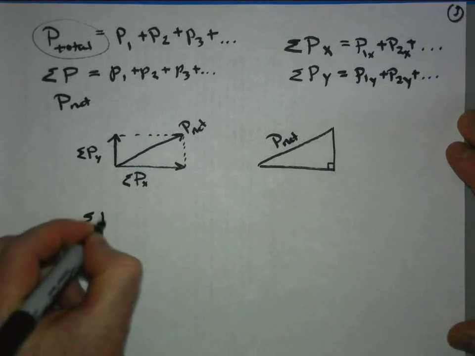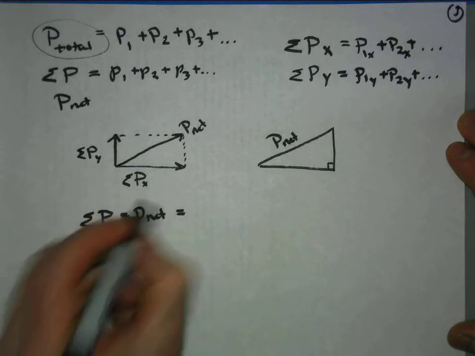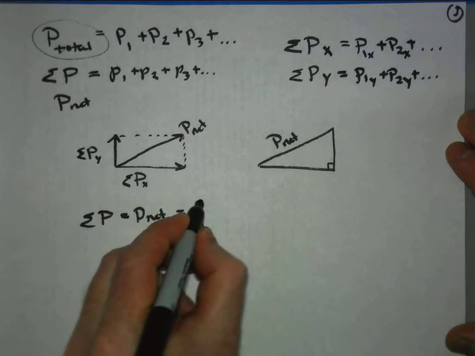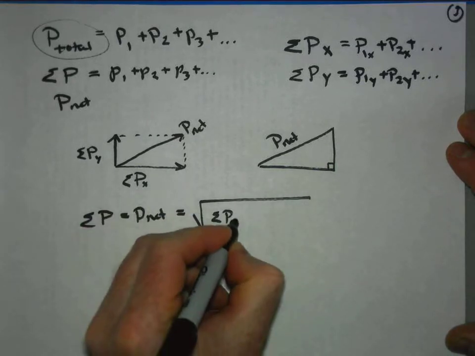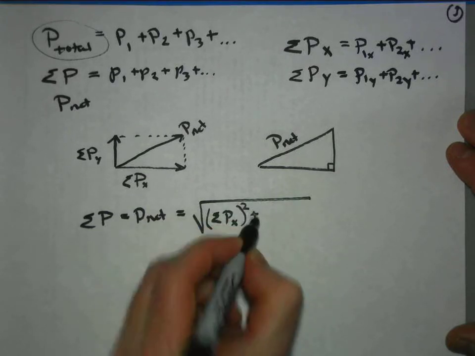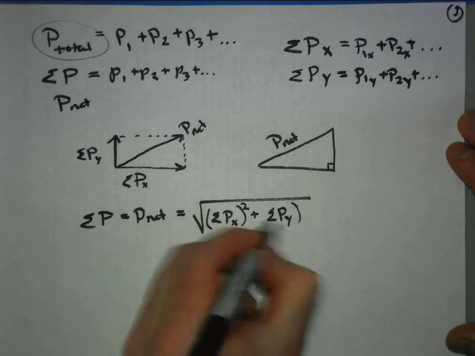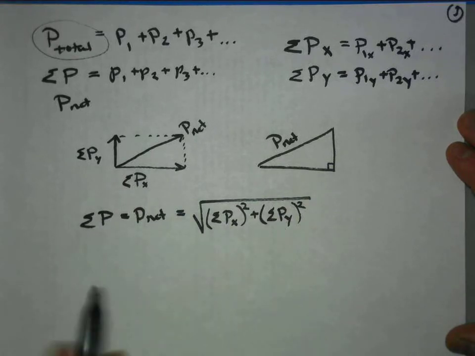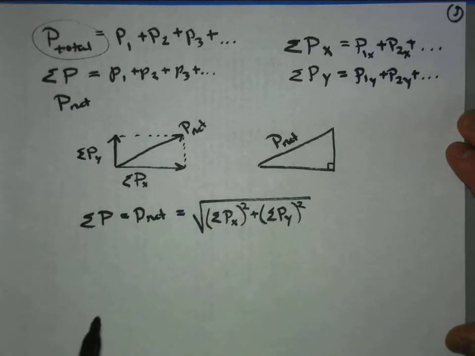So the total, or the net momentum: with the Pythagorean theorem, if I know the two sides, then I simply have this relationship where I say the sum of the x components squared plus the sum of the y components squared, and I will take the square root of that sum, and I get my answer. Just like we have done with forces and other vectors many times.